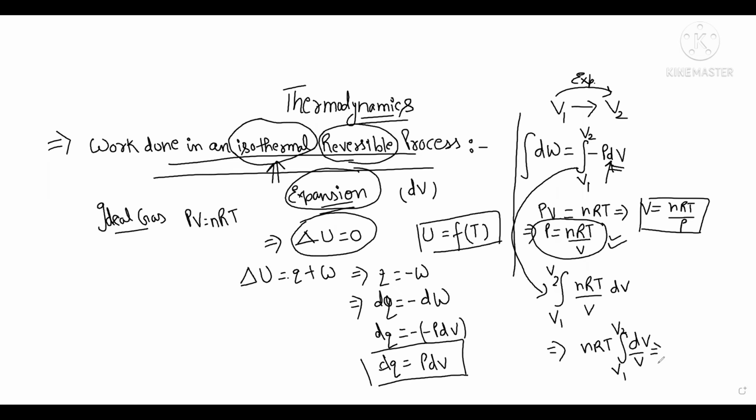The integration of dx by x comes out to be log to the base e, or natural log. So this is nRT log to the base e of V under the limits V1 to V2. Let's continue with this.